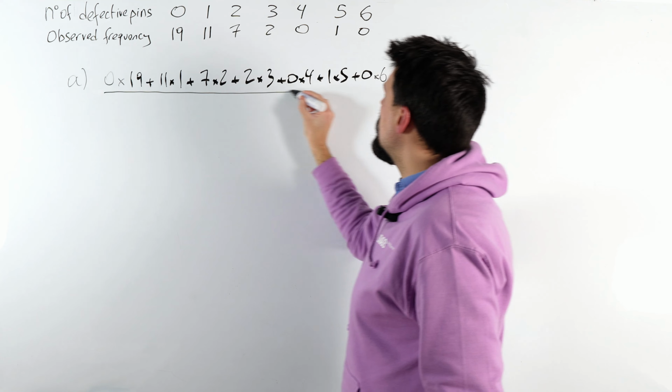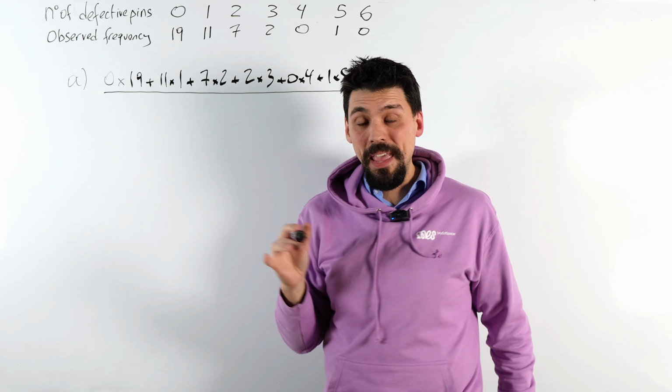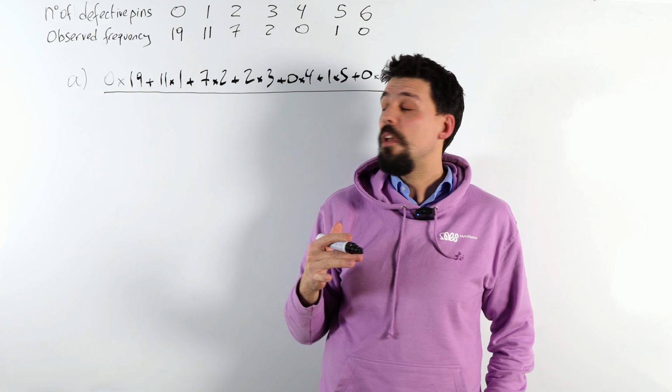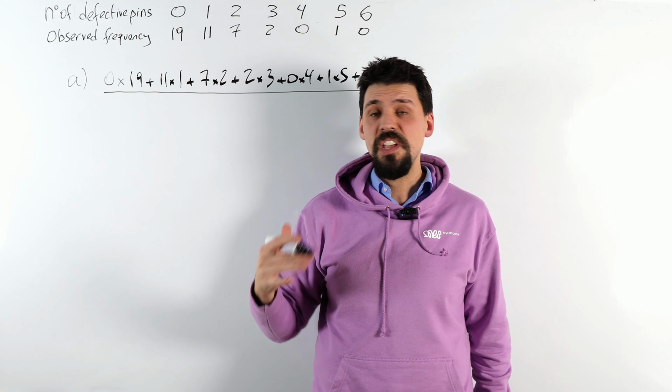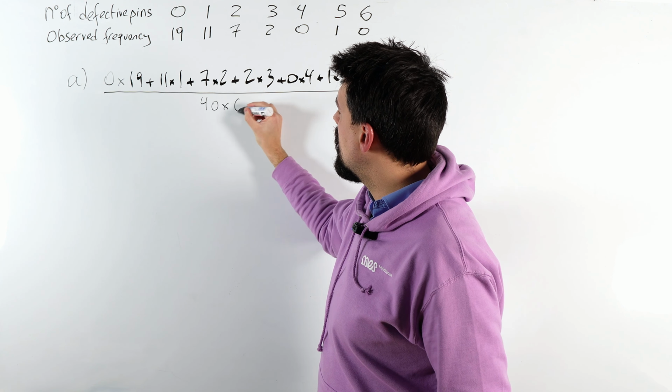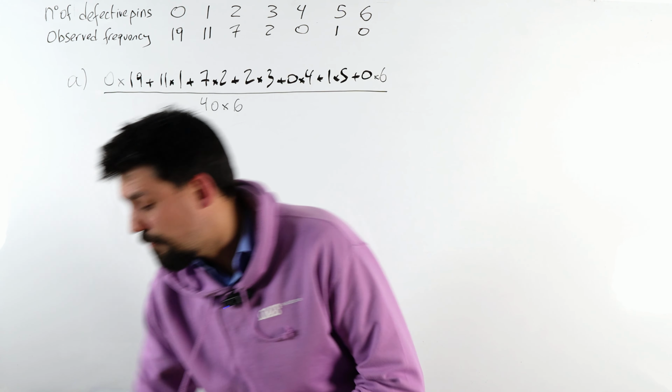So that gives me how many defective pins there were, and how many pins did we check in total? Well, there were 40 batches of 6, so that should be 40 times 6.